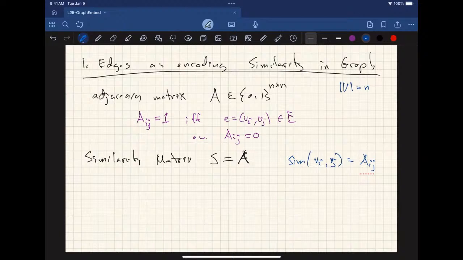So what this allows us to do is to treat this S as X transpose X, for X a matrix in n by d, so into some d-dimensional space.